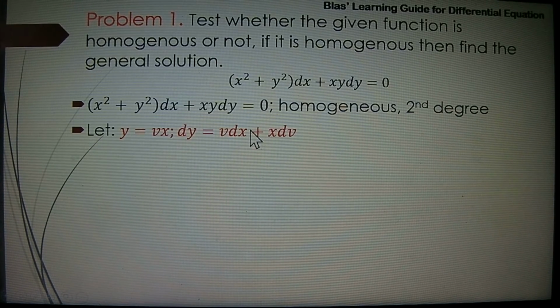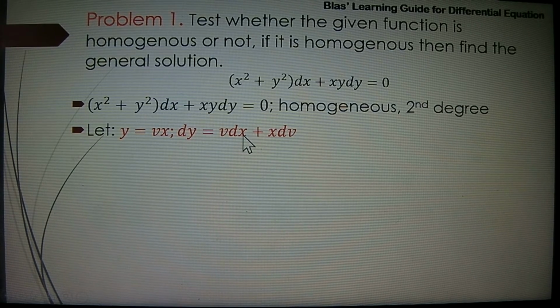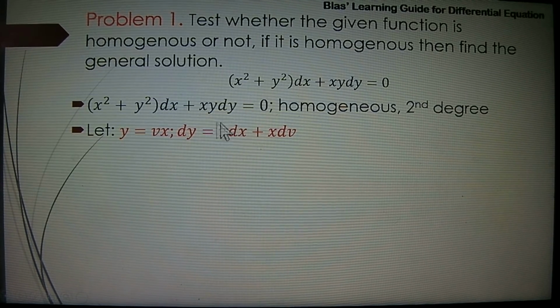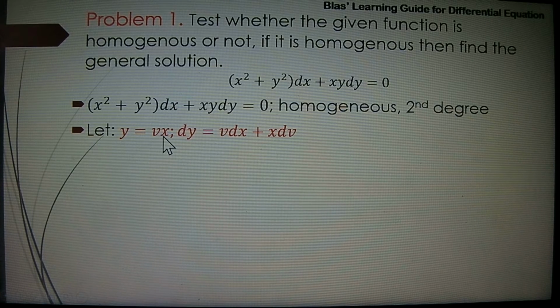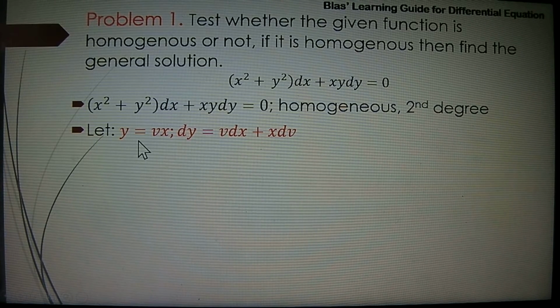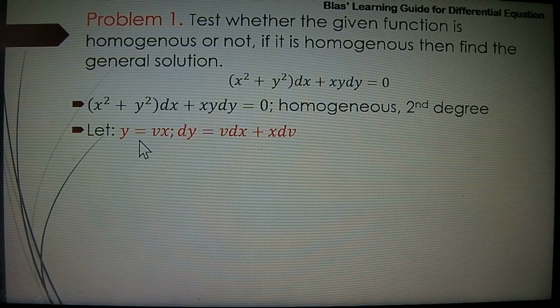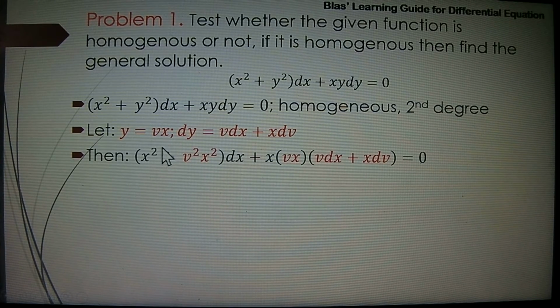So we shall look for a variable that will be changing, and we choose y equals bx because this is a simpler coefficient. Therefore this will be substituted into the given differential equation.